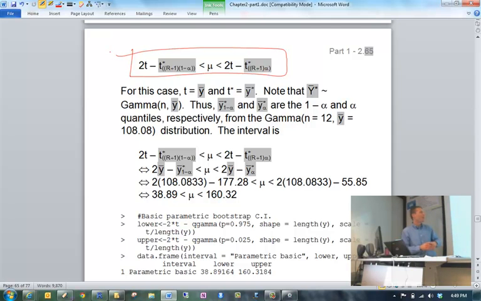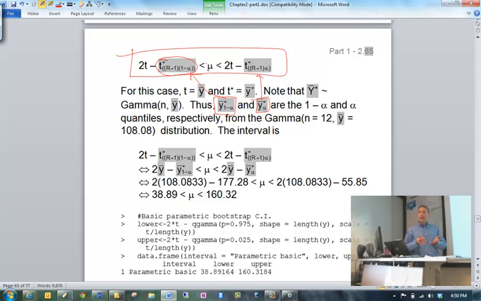It's related to what we were doing for y bar divided by mu. So that means we can simply replace these T stars with actual quantiles from our gamma distribution. Let me call these quantiles y bar star, with subscript 1 minus alpha for the 1 minus alpha quantile from that particular statistic. Also do the same thing for y bar star alpha. So that's going to go in here, and that's going to go in there.